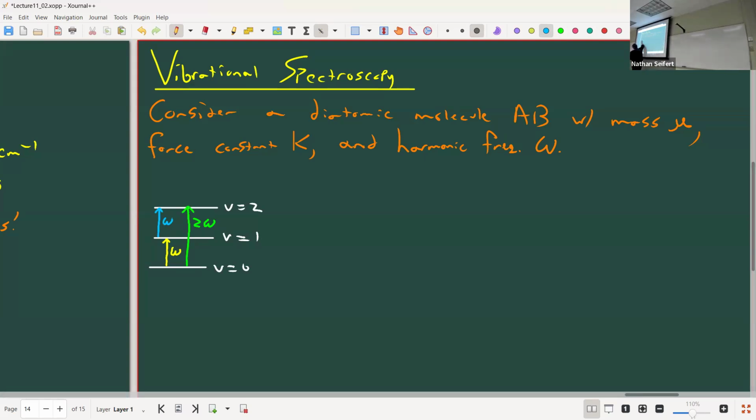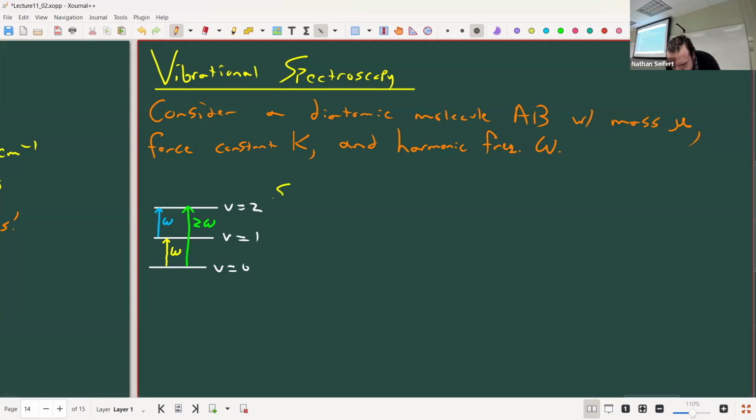So if I just have these three levels, there are in some sense 3 different transitions between these 3 states. I can excite V equals 0 by 1 quantum, V equals 0 by 2 quanta, or I can take V equals 1 and excite it from 1 to 2. Let's assume that the system is slightly anharmonic.